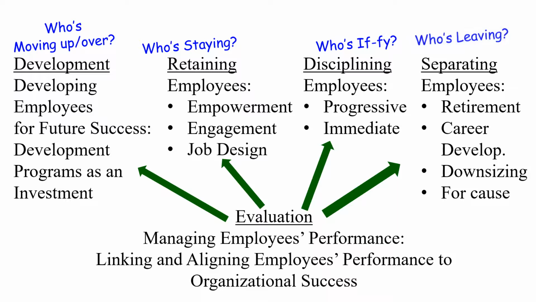Evaluations may help us for retirement, career development, people moving along, downsizing. We have more faces than spaces, and we have to evaluate who goes. And then also for cause. Who might need an immediate discharge because of discipline?